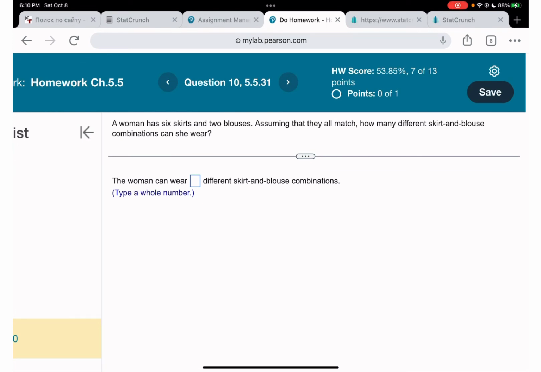So all of them are matching, so all skirts and blouses participate, right? So what does that mean? How are we going to solve it? Do you think we're going to use every single element in here, or we just multiply by each other and get over it? What is your opinion? What do you think?